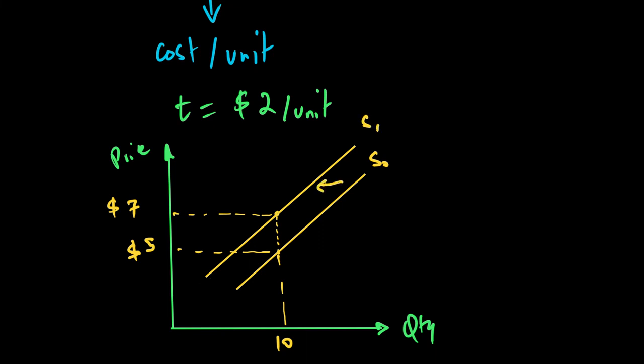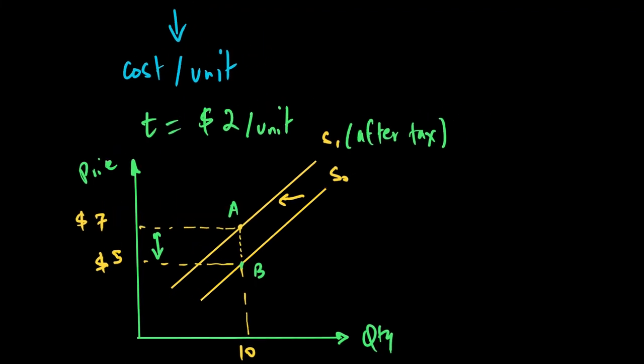This vertical distance AB tells us this change in cost per unit, which is $2, and this is the after-tax supply curve. So whenever we put a tax on a good, the supply curve will shift backward.